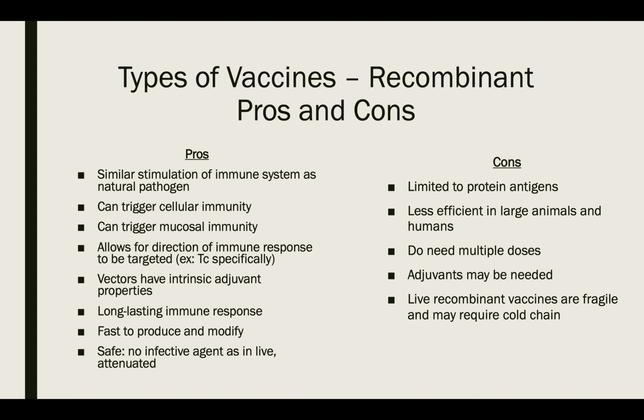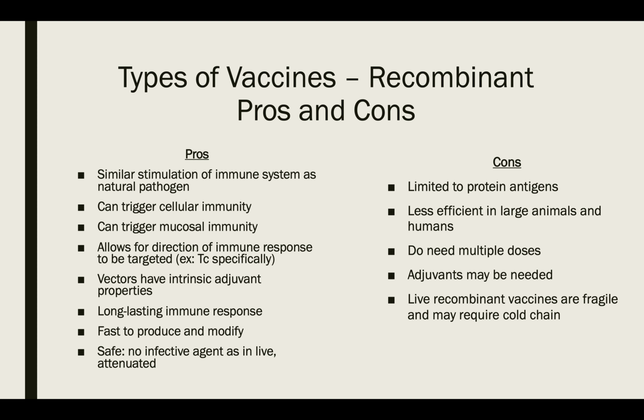So if we know that a very specific antigen makes a very specific immune response, like a TC cell response, a cytotoxic T cell response, we can use that antigen to pump up that immune response. This becomes important because it is so difficult sometimes to find just the right antigen to make the right immune response to attack a living wild pathogen.